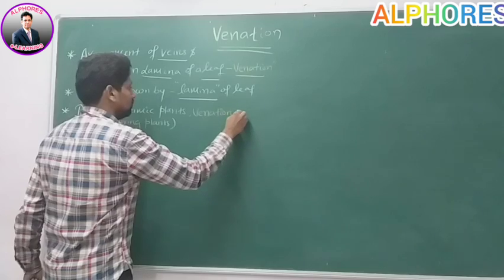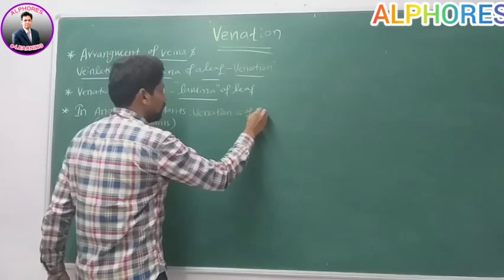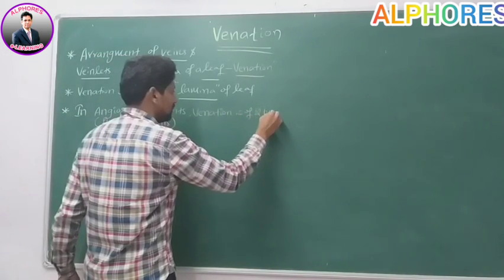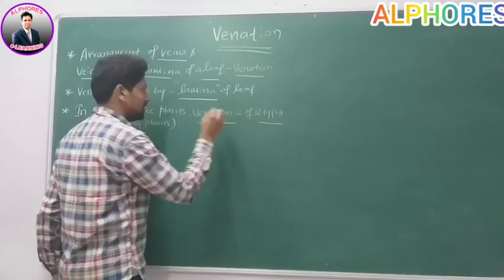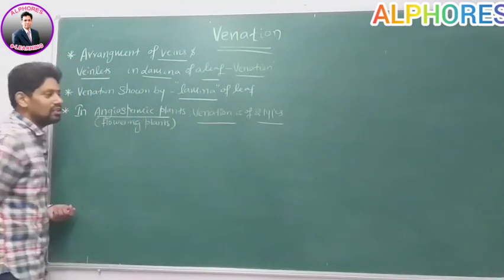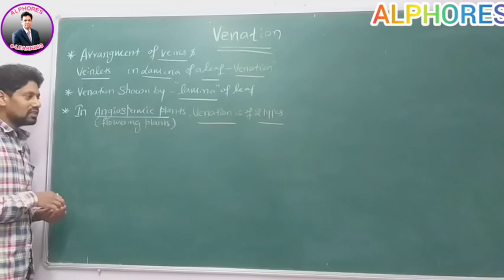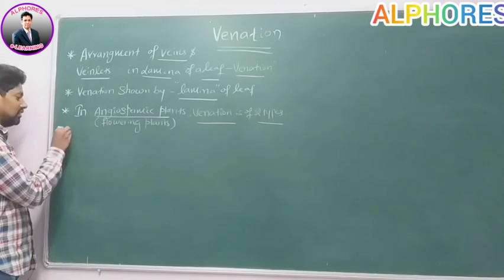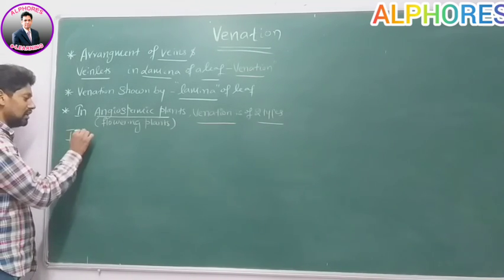Venation is of 2 types, in angiospermic plants. Sir, what are the 2 types of venation?